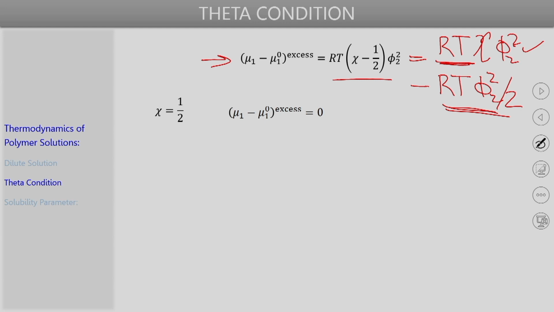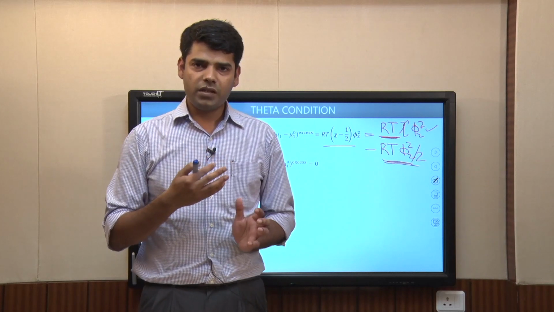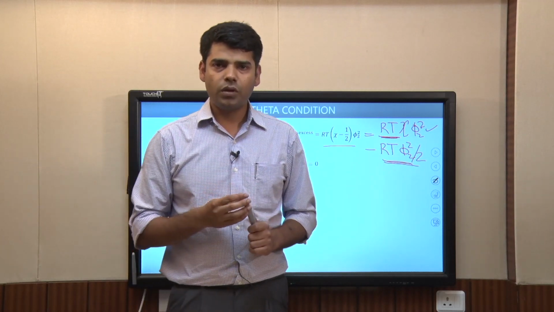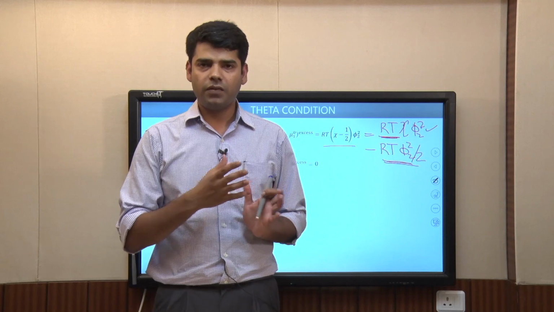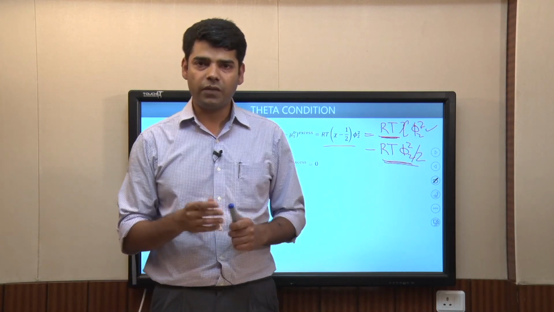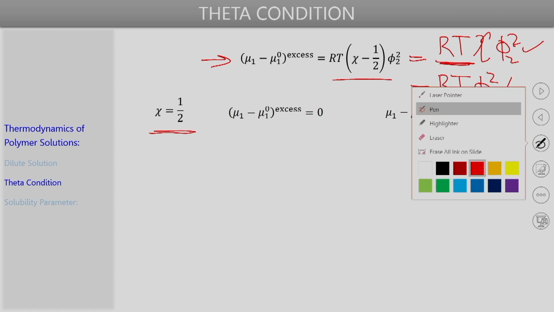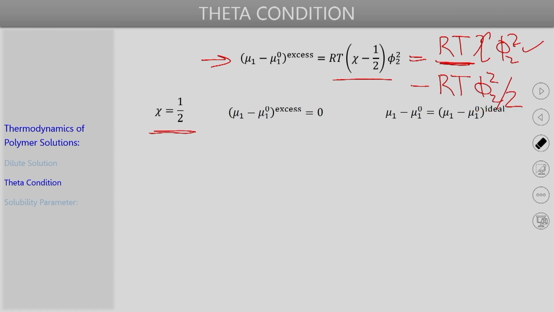For the equation we have derived, if chi parameter is half, then the excess chemical potential difference becomes 0, and the chemical potential difference is just equal to what it would be in an ideal solution.